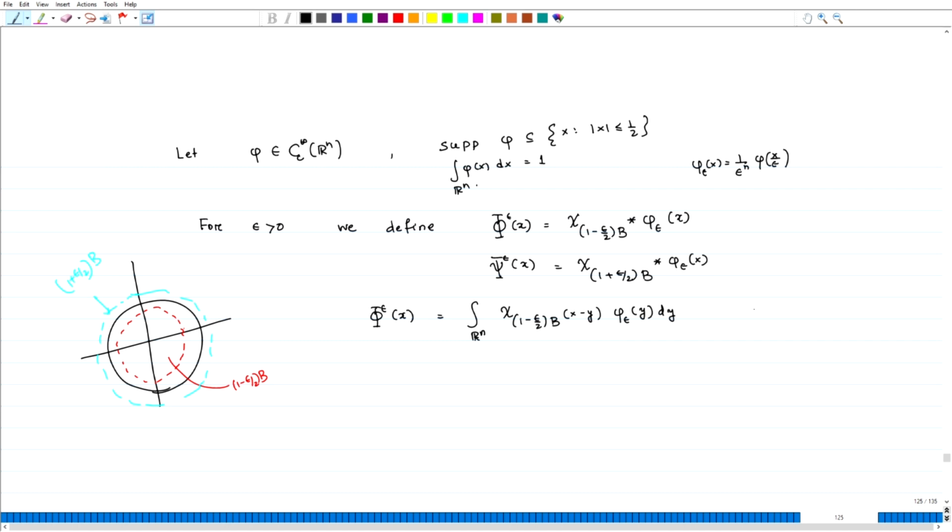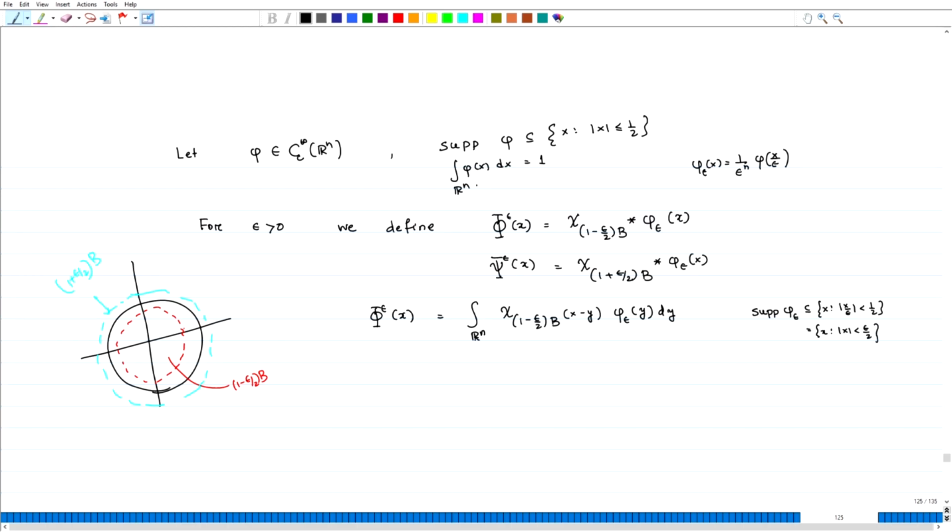The support of phi epsilon is the set of all x such that mod of x by epsilon is less than half. This is nothing but the set of all x such that mod of x is less than epsilon by 2.